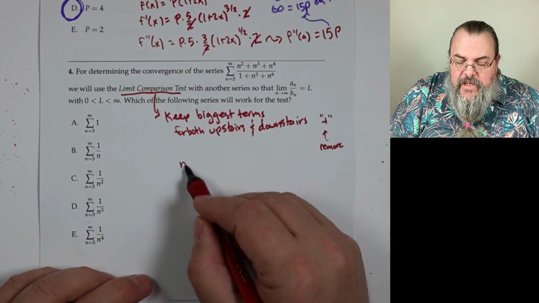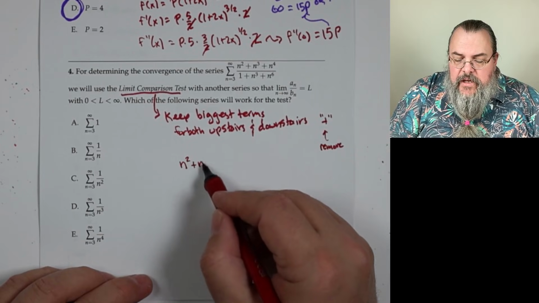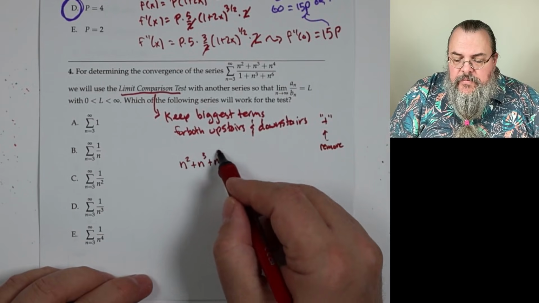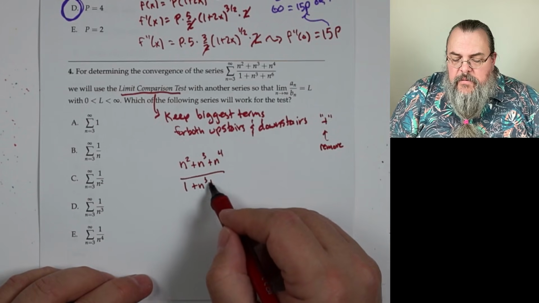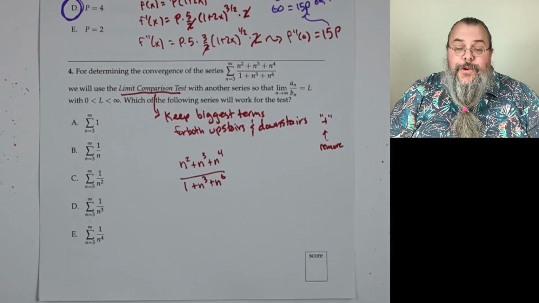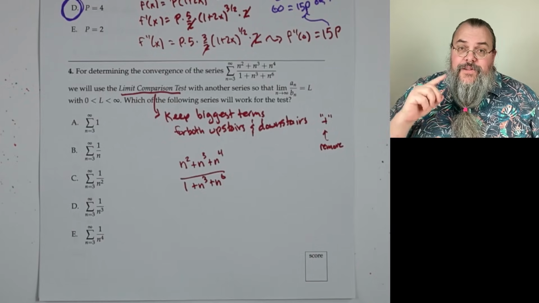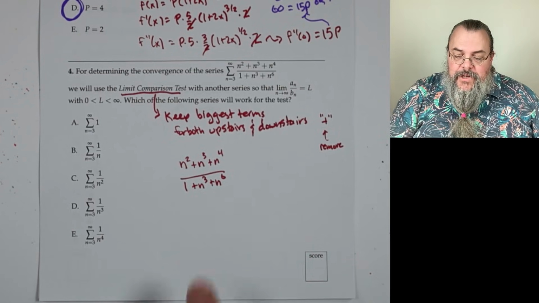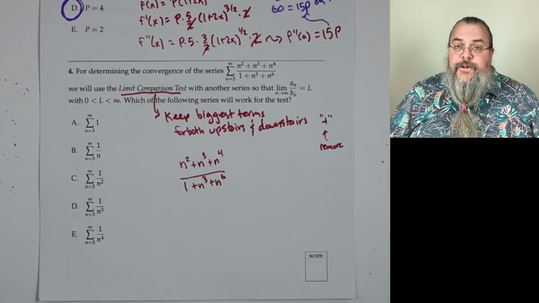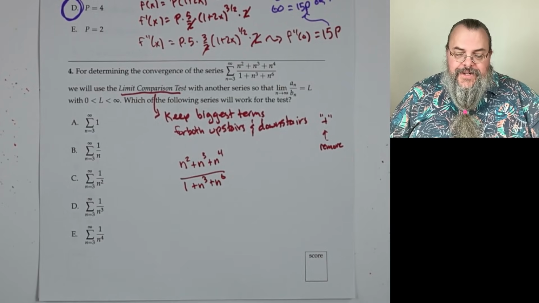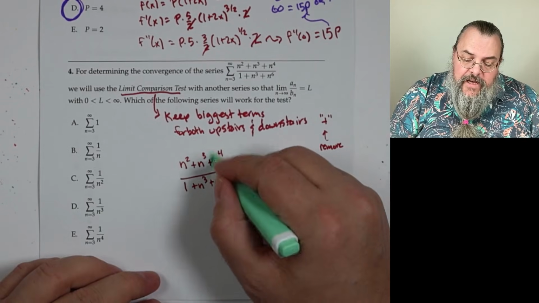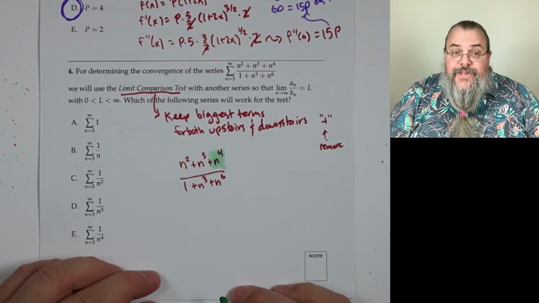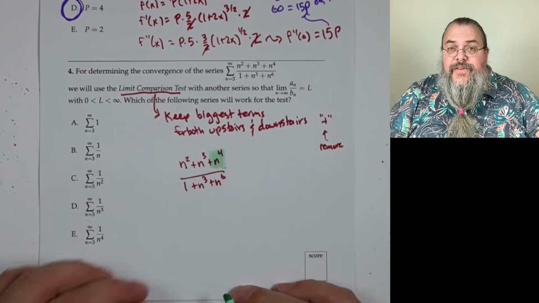So, with that in mind, we look at n squared plus n cubed plus n to the fourth over 1 plus n cubed plus n to the sixth. Upstairs, what is the largest term between n squared, n cubed, n to the fourth? The answer, n to the fourth. Higher exponent, bigger value. Downstairs, we have 1, n cubed, n to the sixth.